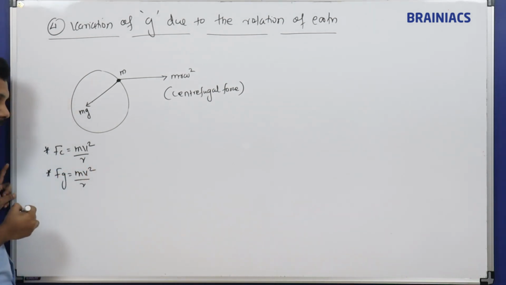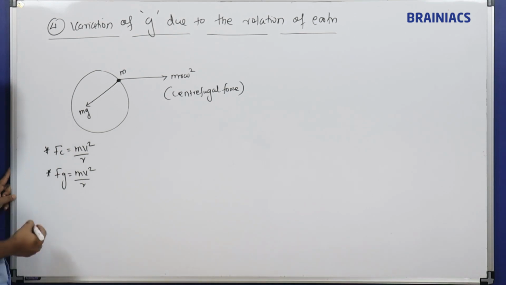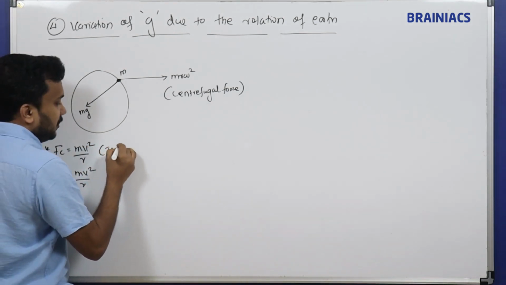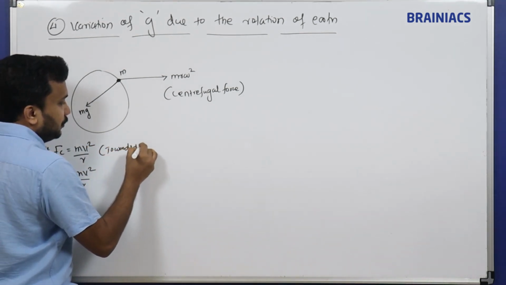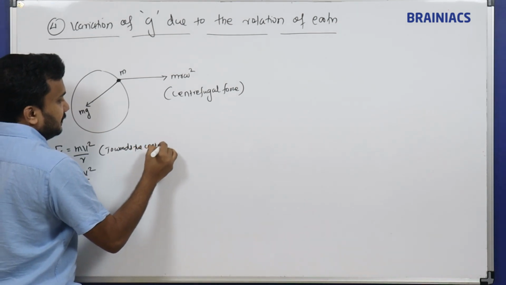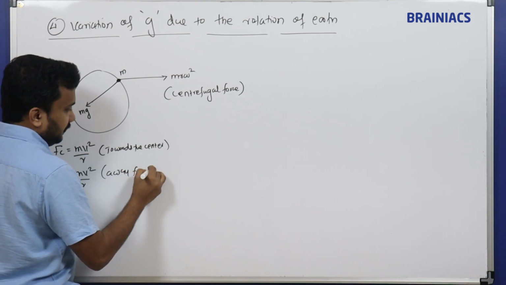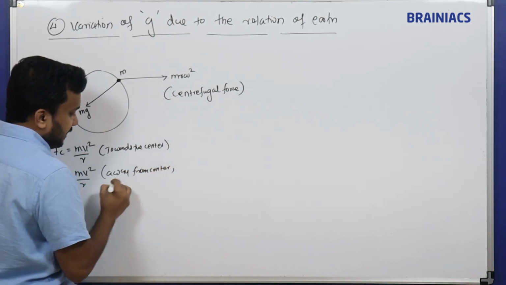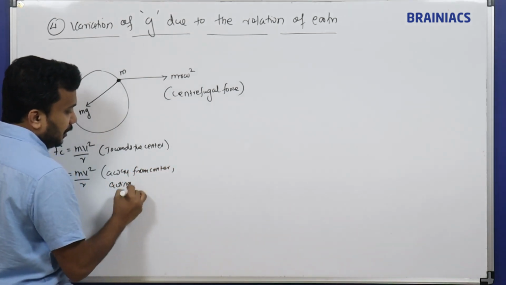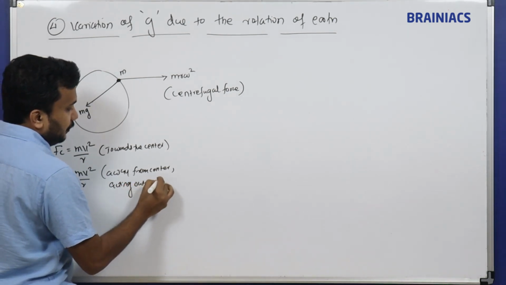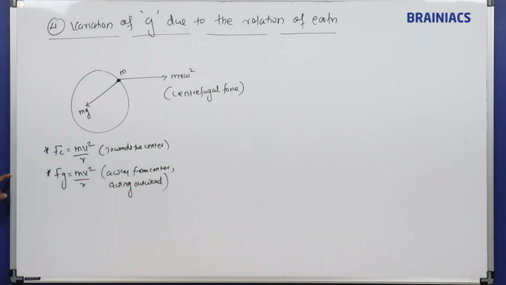Magnitude-wise both are the same, but in opposite directions. Centripetal is towards the center; centrifugal is away from the center, acting outward. It's not towards the center, it's acting outward.